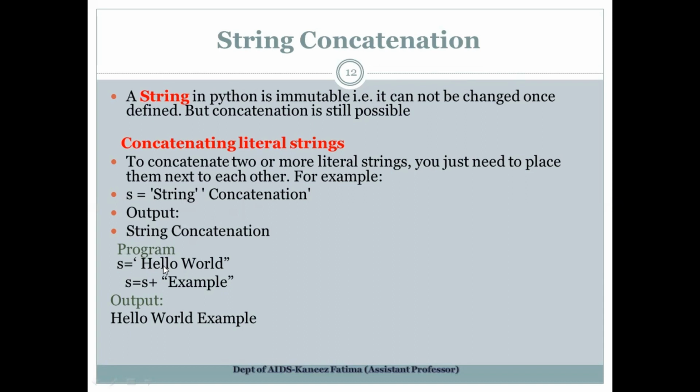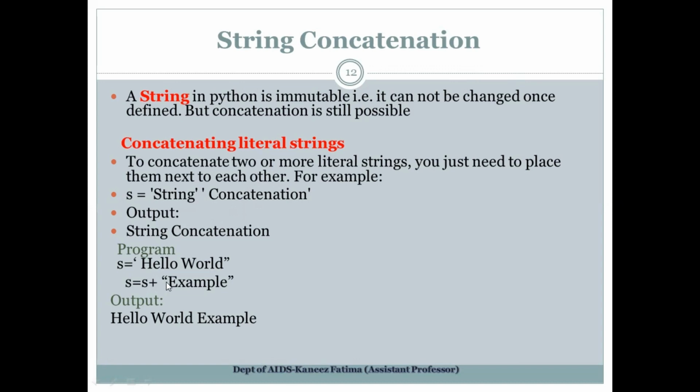Another methodology to concatenate strings: S equals "hello world", assigning S as a variable to a string. If I want to concatenate it with another string, I write S plus "example". Plus is the concatenation operator, used for combining two different strings.